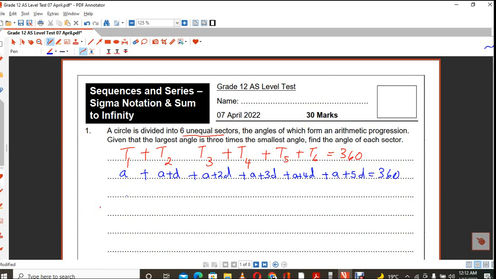So why is the first term A? You know that it forms an arithmetic progression. Arithmetic progressions are typically in the form of a general formula.